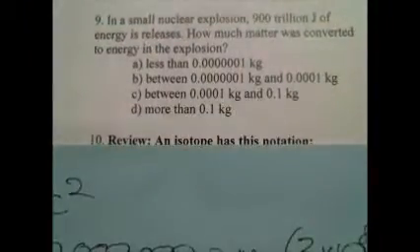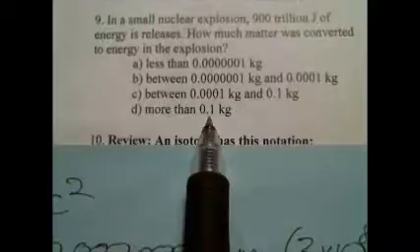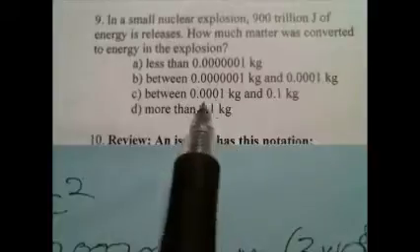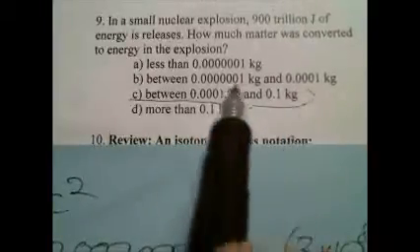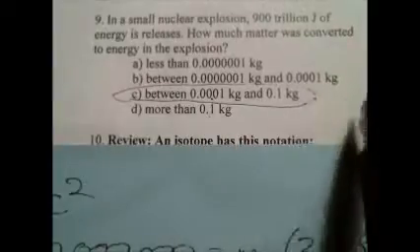So 0.01 is not more than 0.1. 0.01 is not smaller than this number, so it's option C. This number is smaller, this number is bigger.